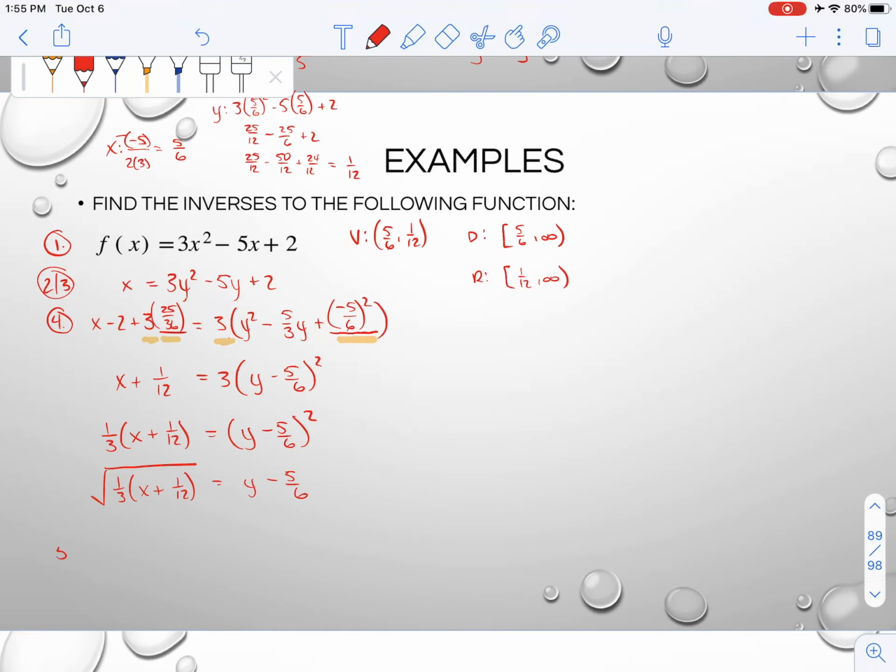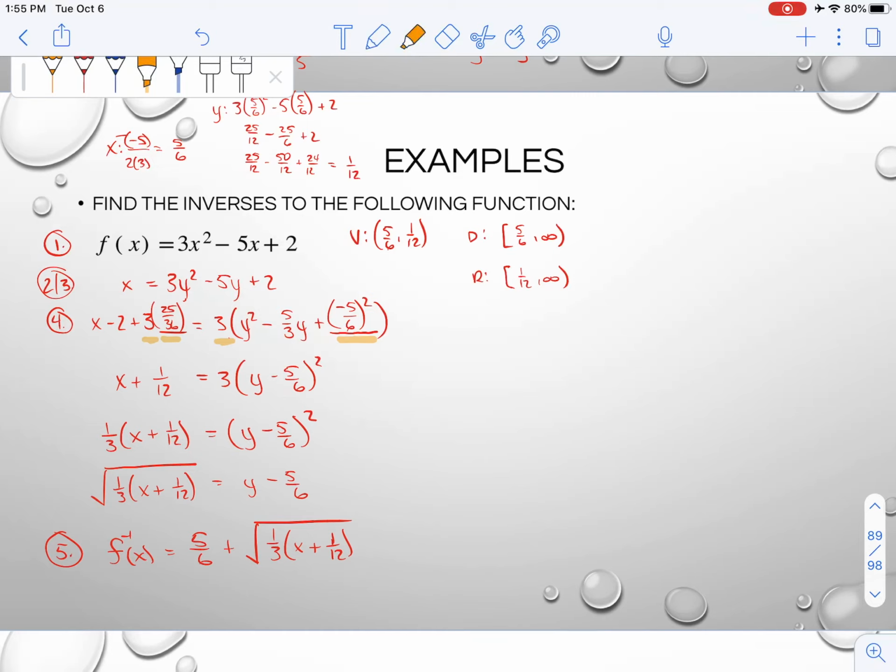And when I add that 5/6 to both sides, I'm going to get f inverse of x equals 5/6 plus the square root of 1/3 times (x plus 1/12) inside the square root.